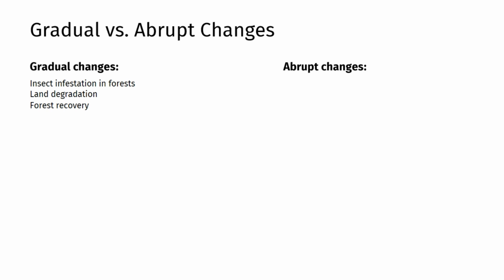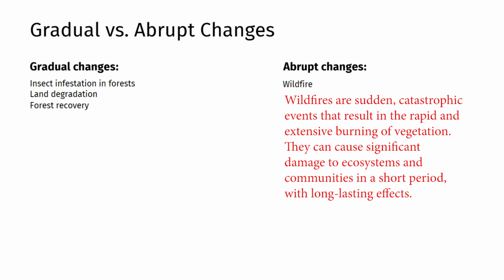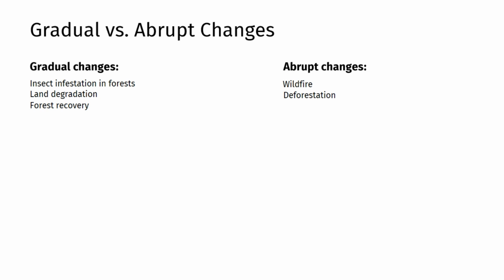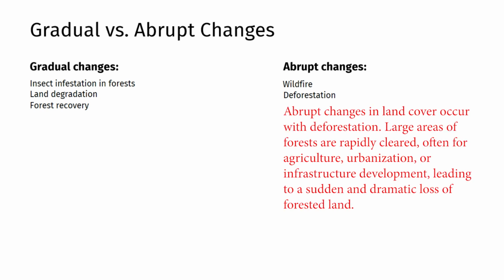Here are some examples. Wildfires. Wildfires are sudden, catastrophic events that result in the rapid and extensive burning of vegetation. They can cause significant damage to ecosystems and communities in a short period with long-lasting effects. Deforestation. Abrupt changes in land cover occur with deforestation.